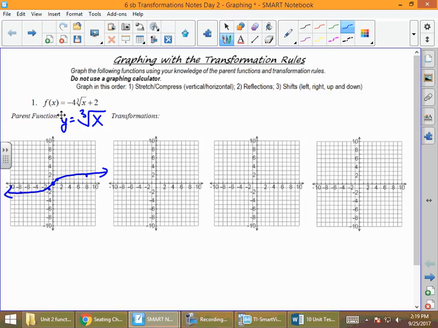And the first transformation that I see is that negative outside of the function. And negative means that we're going to reflect the graph over the x-axis.